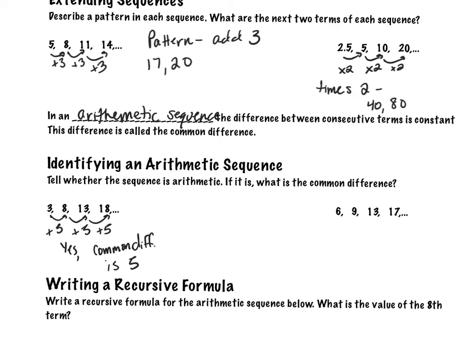Look at this next one: 6 to 9, I add 3, 9 to 13, I add 4. Once I get a different thing I'm adding, this one is no, because there's not a common difference.